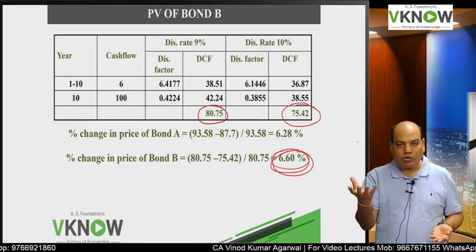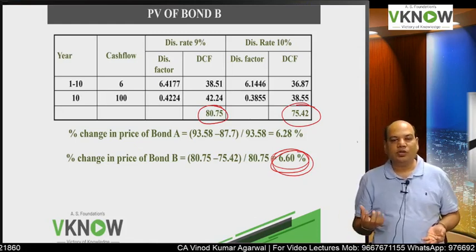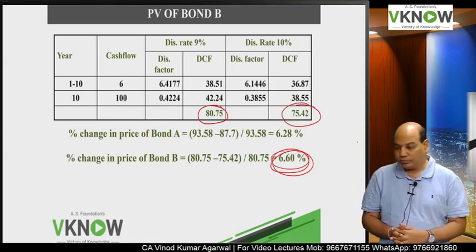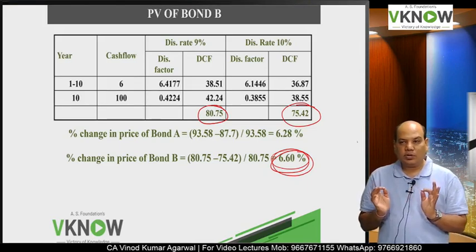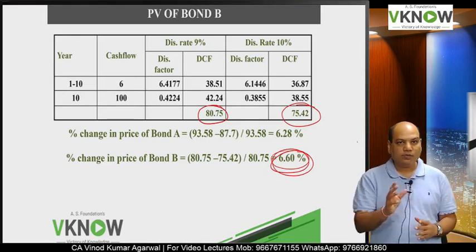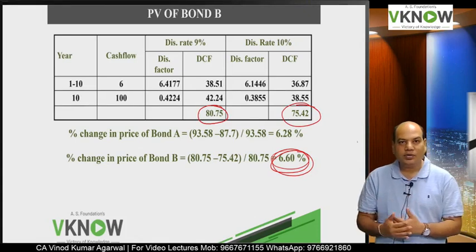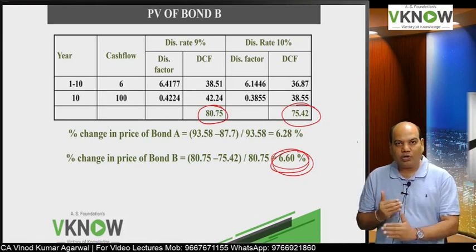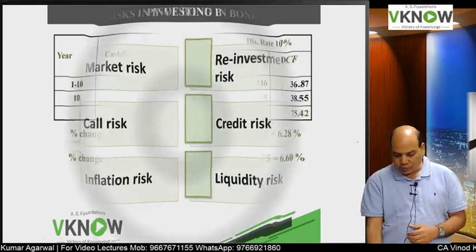The value of the bonds held by this bank went down by billions of dollars, and that is why the bank had to wind up. So it can be such a big risk that one of the banks in the USA had to wind up because of fluctuating interest rates. Right now globally interest rates are fluctuating a lot, and that is why, for those holding bonds, the value of the bond is also changing a lot. So this is the purpose of bond theorem.